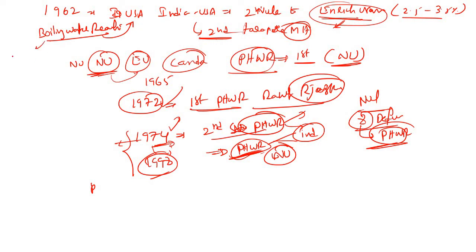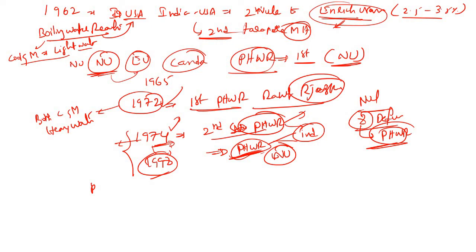In this, both coolant and moderator are light water only. Okay, but in pressurized heavy water reactors, both coolant and moderator are heavy water only. Okay, here it is the boiling water reactor, which was given by USA, and light water is used as coolant and moderator.